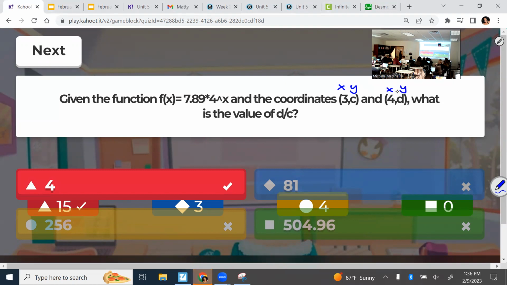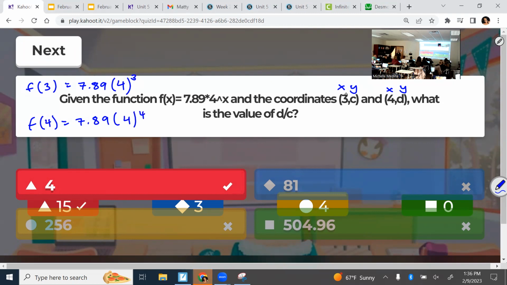So now you also have the given equation. All I really have to do is plug this into the given equation. Anywhere that there's an X, first we're going to plug in 3, and that'll give me what C is. And then I'll plug in 4, and that'll give me the value of D.